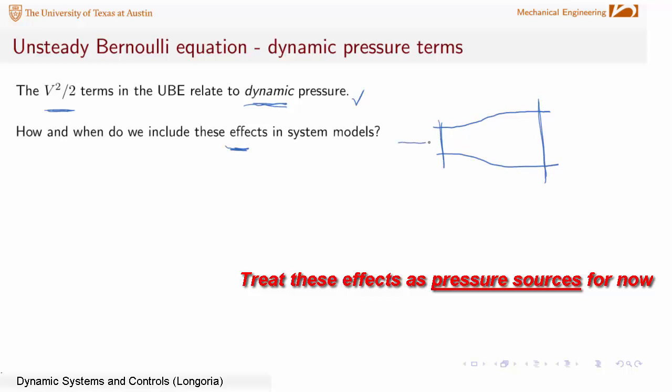Even though you have flow rate coming through here, that Q is going to be the same, but due to the area changes, call that 1 and 2, the velocities are going to be different, and that's going to cause a difference in pressure. Sometimes you need to take that into account, and the way you do that is with this dynamic pressure difference. And so we're going to, at least for now, propose to use that as sort of an effort source.